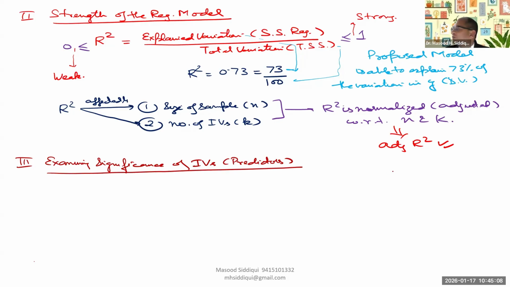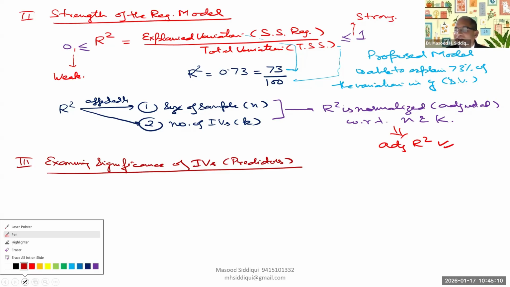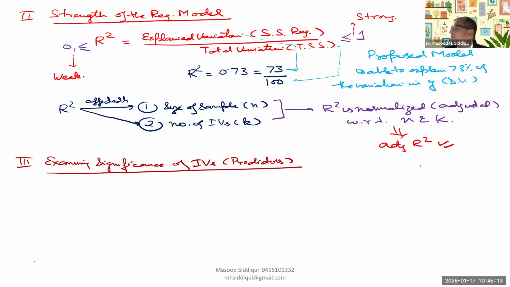Like here, just to explain things, suppose we put the model y equals beta 0 plus beta 1 x1. Here this beta 1 is known as the regression parameter or regression coefficient.